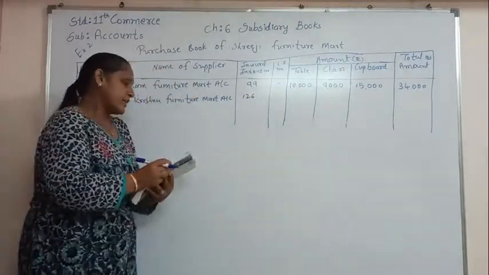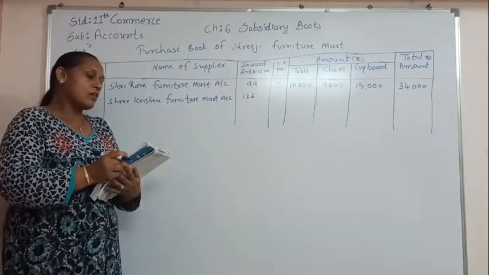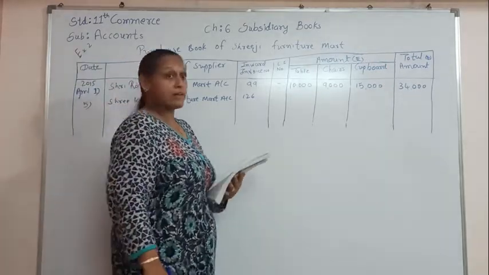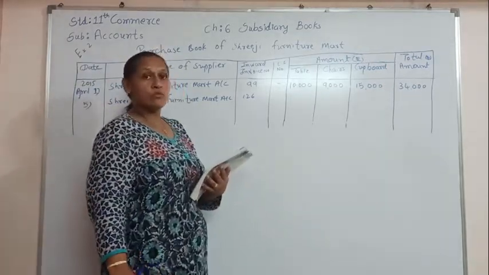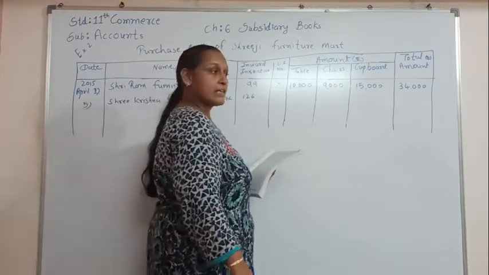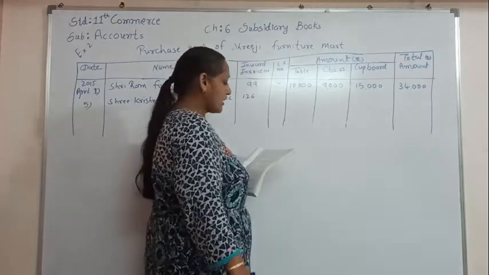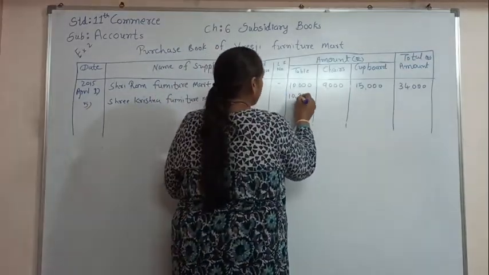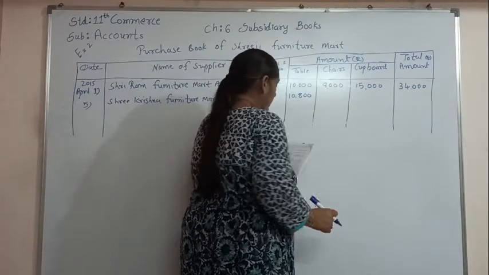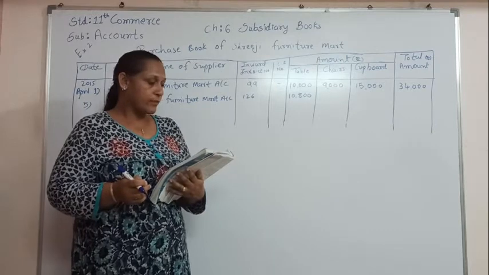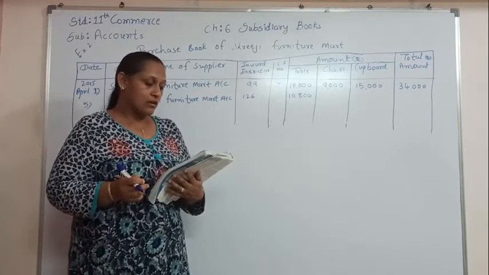And 10 pieces of table at 1,200 per piece, so it will be 12,000. From 12,000 we are going to deduct the discount of 10%, that will be 1,200. So the amount of table will be 10,800. Now next is 12 pieces of cupboard at the price of 2,500.